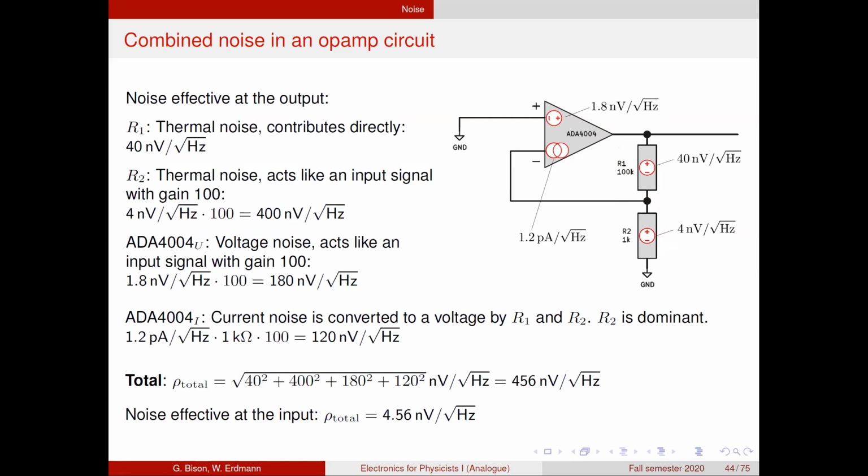There's another disadvantage to reducing those resistors, and this is power consumption. If we go to a 1 kilo ohm and 10 ohm configuration here, we would get really low noise, but a large current would flow all the time through those resistors, which means that we cannot drive as much current to whatever comes after our amplifier.